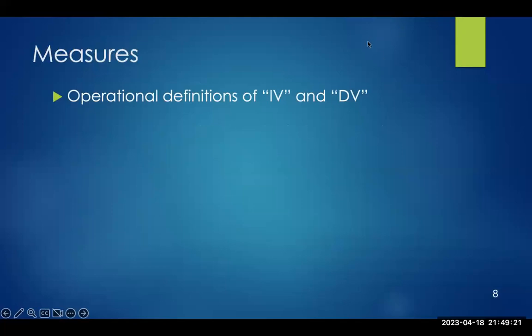Measures. When we talk about measures, I'm saying really, what are your operational definitions of your independent variable and dependent variable? How are you going to measure it? So remember, you have conceptual definitions that will be established through your literature review. So in the conceptual definitions, you're going to cite a lot of studies.